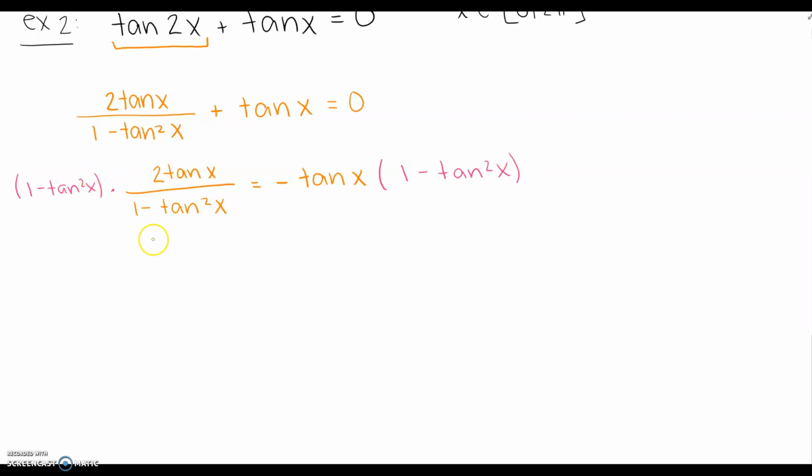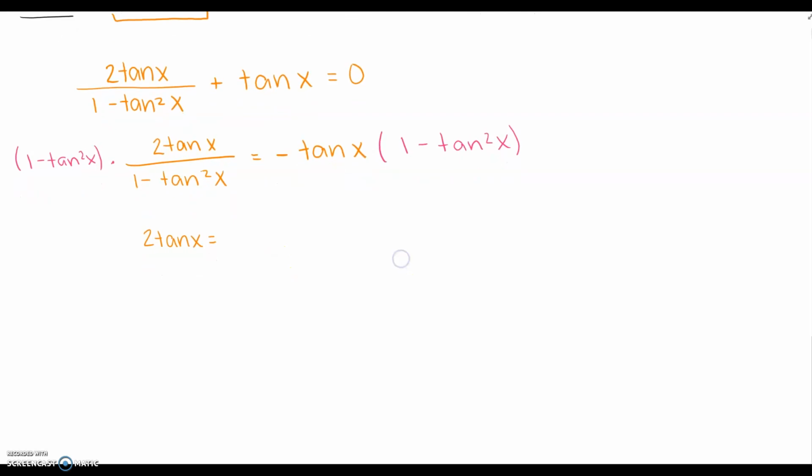So then on the left side, I've got 2 times tangent of x equals, and on the right side, I'm going to FOIL, so negative tangent of x times 1, and then negative tangent of x times negative tangent of x squared. So negative times negative is a positive, and that's going to make tangent cubed.